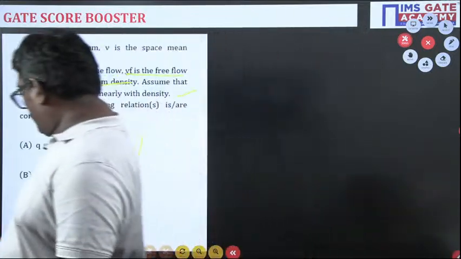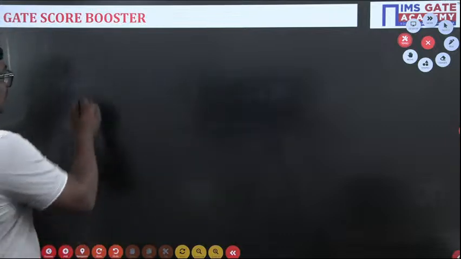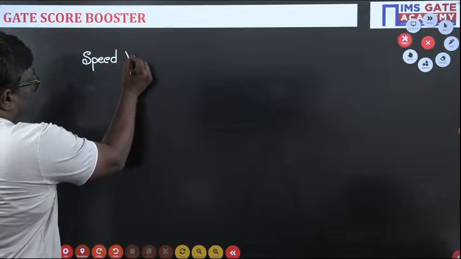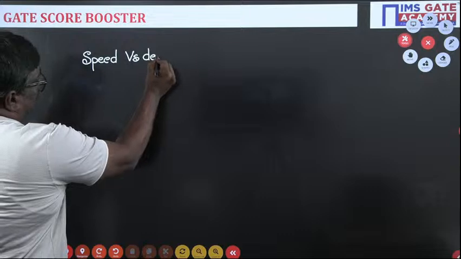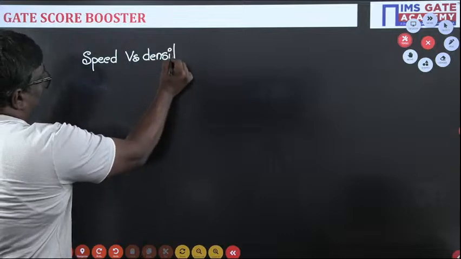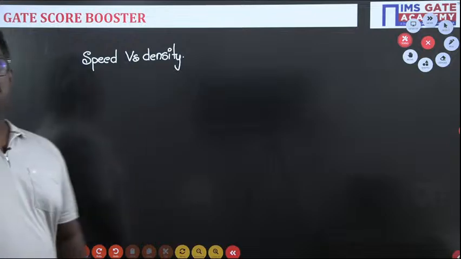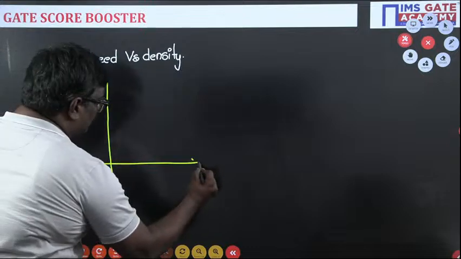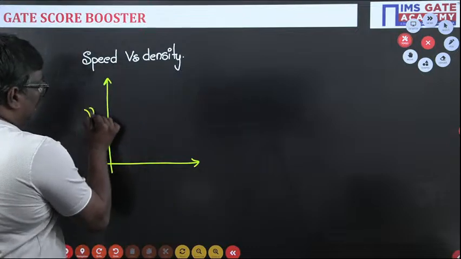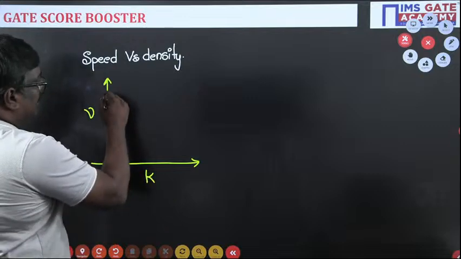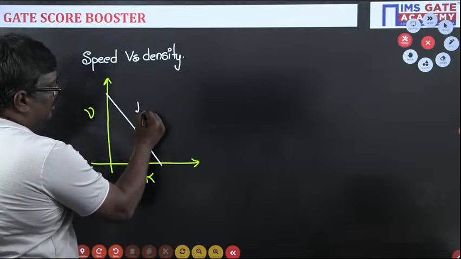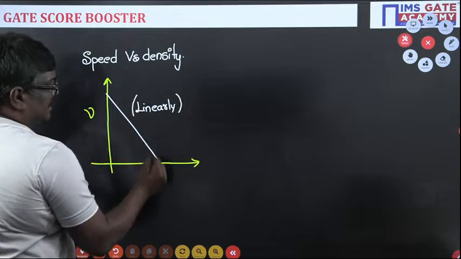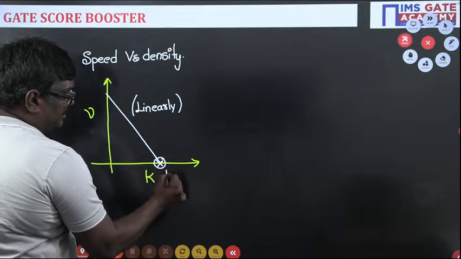Now let me tell you one important thing, students. If you see the graph between speed versus density, as I told you, in the problem also they have given, speed versus density: velocity and density vary linearly. This was given in the problem. And remember, students, this indicates jam density, which is Kj.